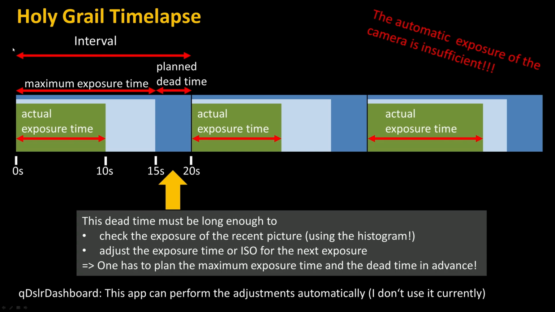Then if I have an interval between pictures of 20 seconds, my longest exposure time would be 15 seconds, because then I need the time to change the exposure time or the ISO again. You have to plan for that in advance. So in the end, you have to choose a long enough interval so that you always have enough time for making the adjustments.